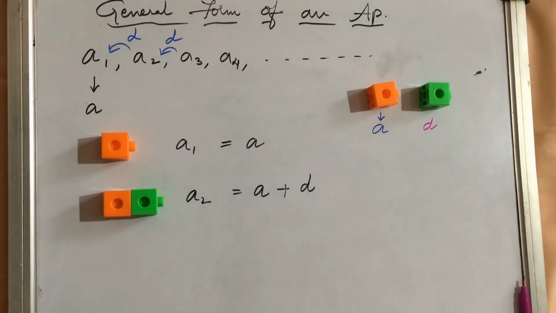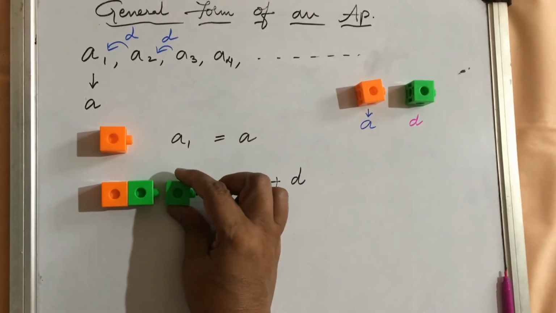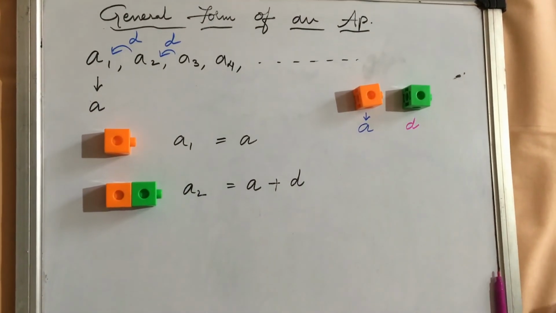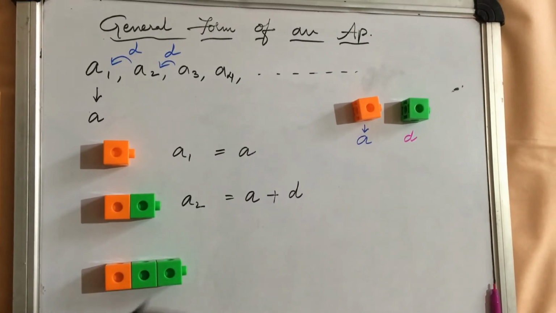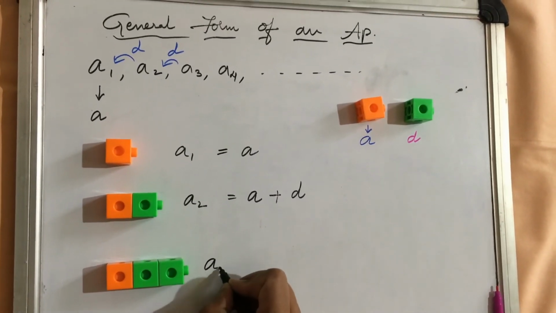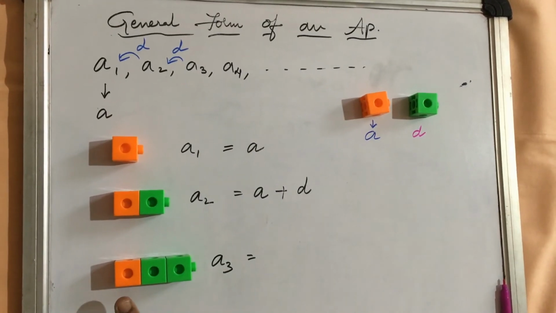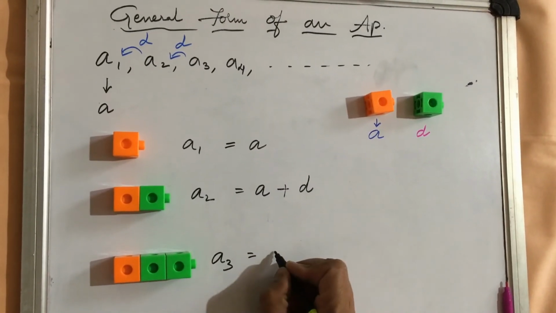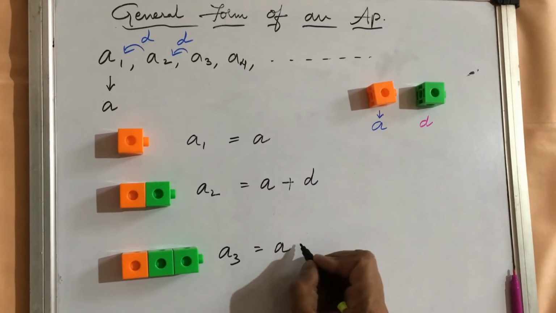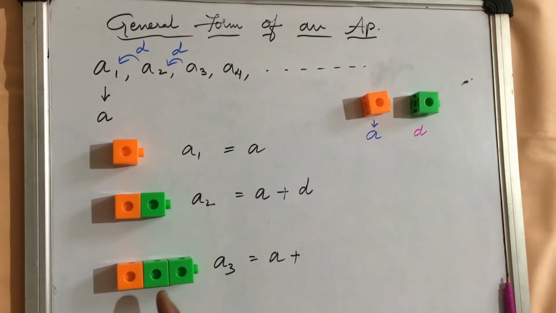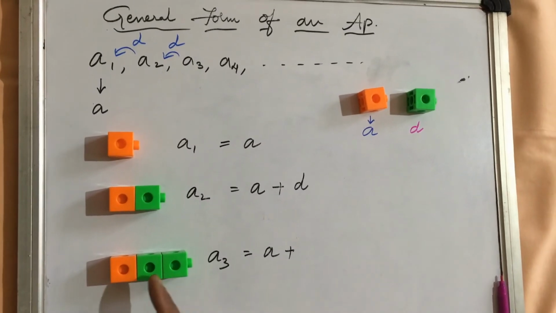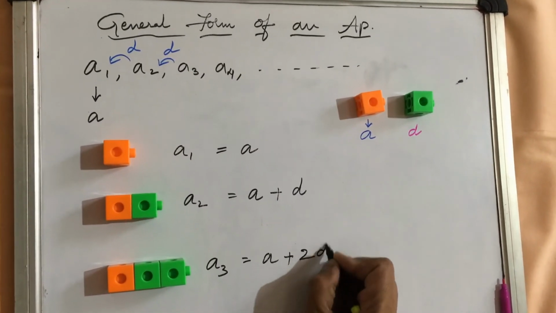If one more d is added to this, then it becomes like this. This represents a3, and here orange color is a, as already discussed, plus how many green ones are there? 2 are there. d plus d, 2d.